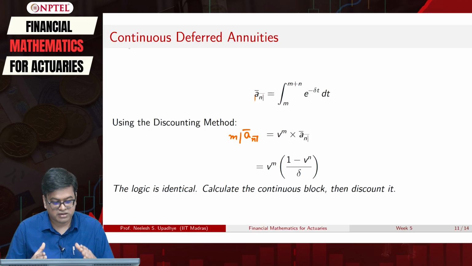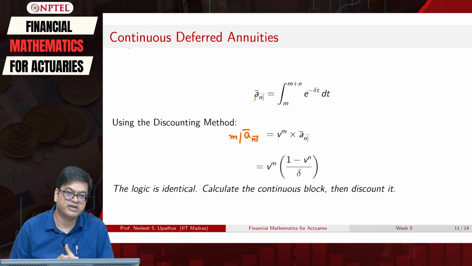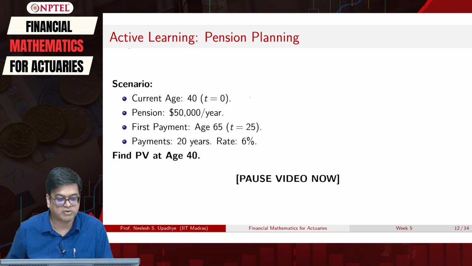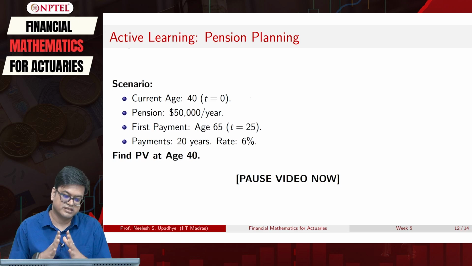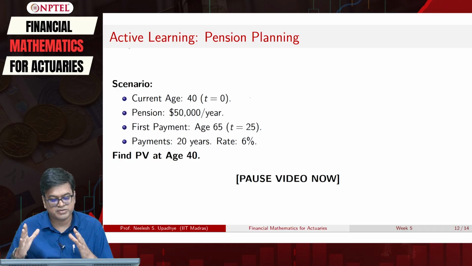Okay, now that we have understood how to deal with various deferred annuities, it is time for you to try your hand at a pension planning problem. So, here is a scenario, current age is 40, you are expecting a pension of 50,000 per year. The first payment is due at age 65.